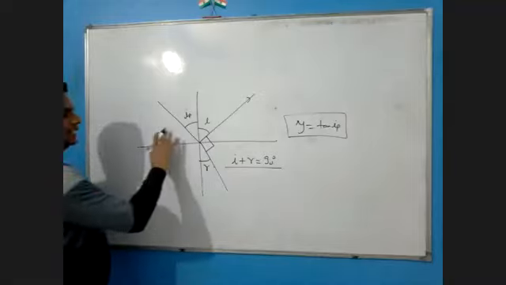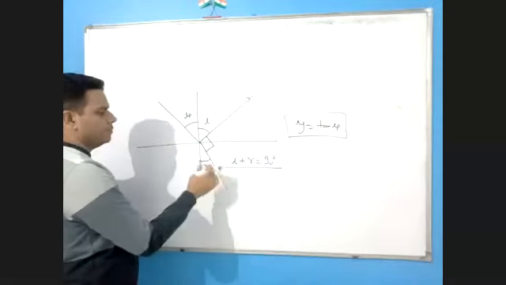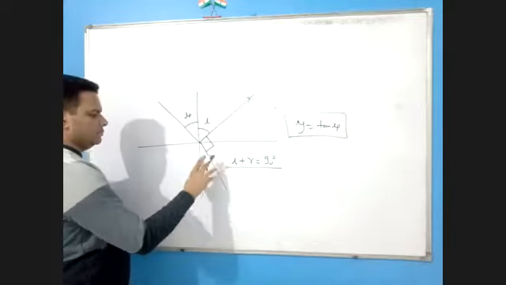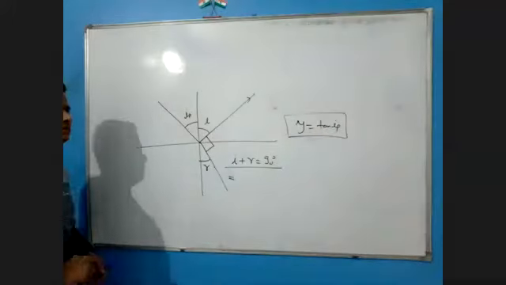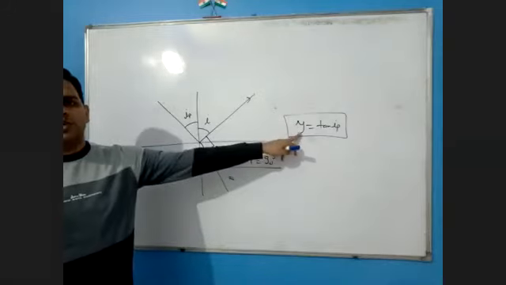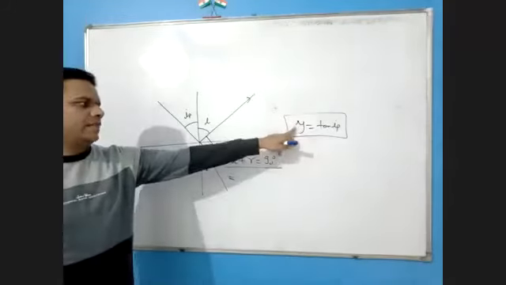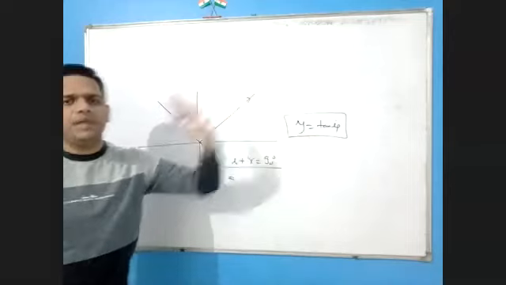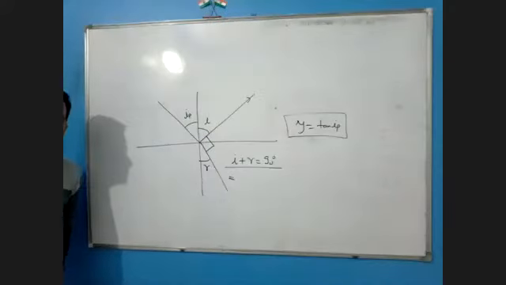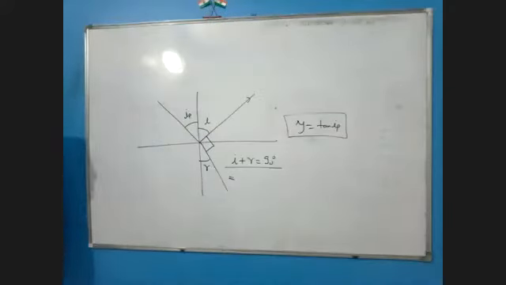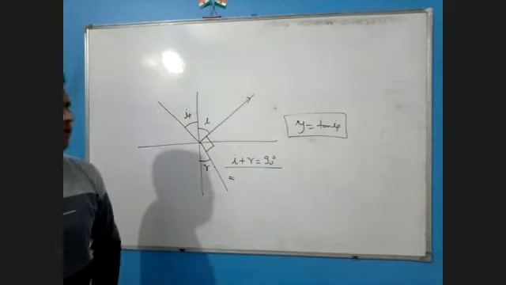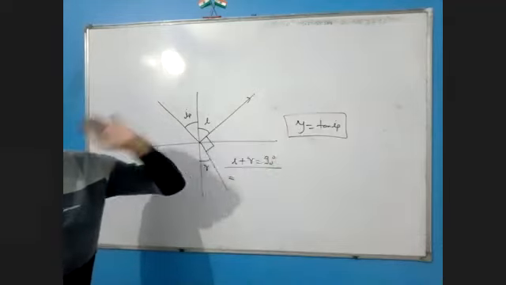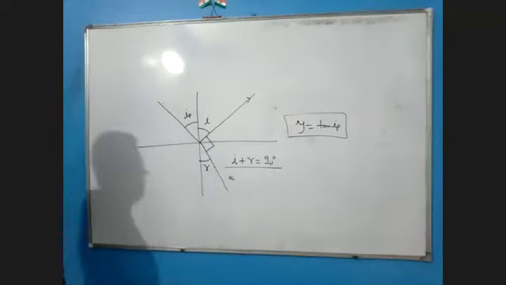Whenever light is refracted, the refractive index mu of the medium is given by the tangent of the angle of polarization. This is known as Brewster law.